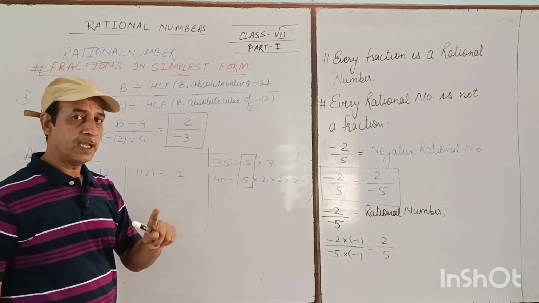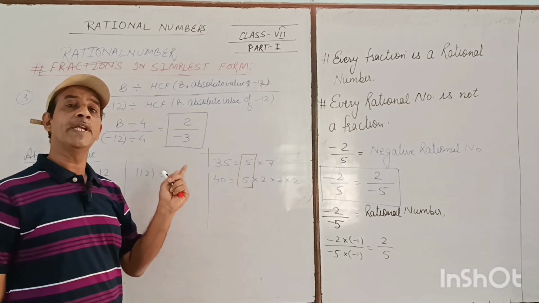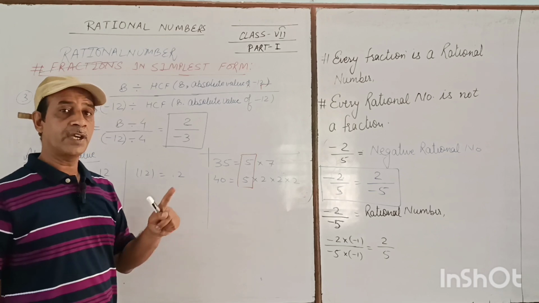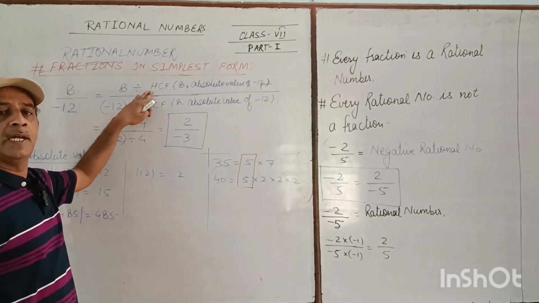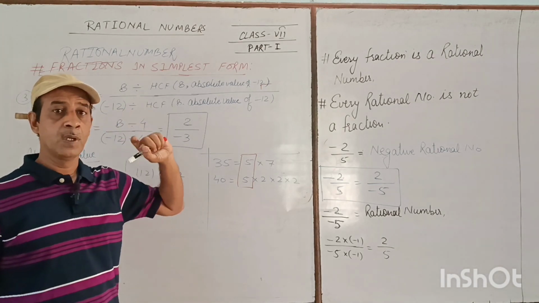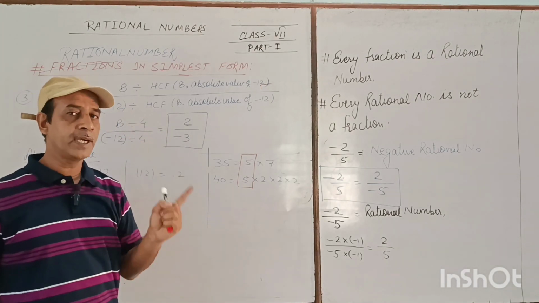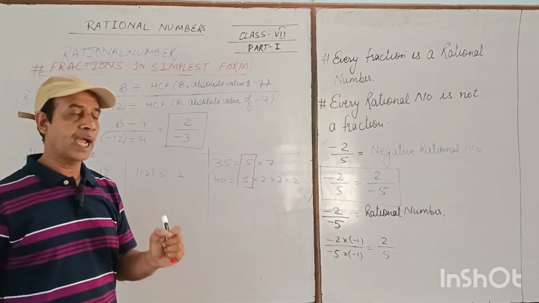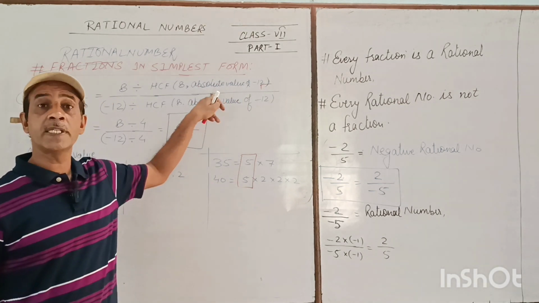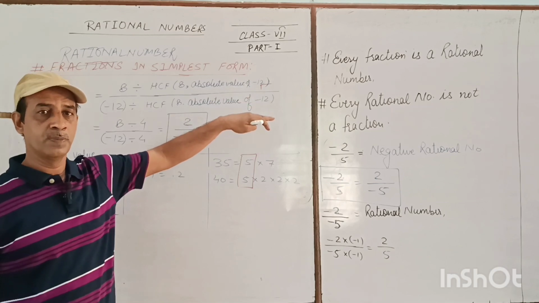So in this case, if the numerator or denominator is negative, you will again take the HCF of numerator and denominator without sign, which in other words we call absolute value.